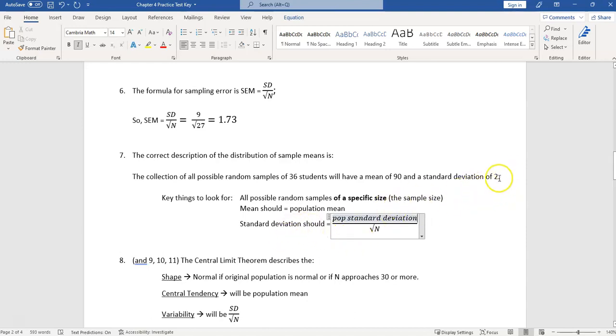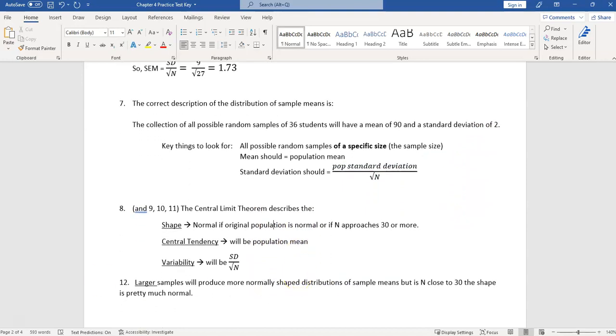That's why this is 2. If you work out those parameters, in the question the standard deviation is 12. So it'd be 12 divided by 6, because the square root of 36 is 6. So that's why it's 2.